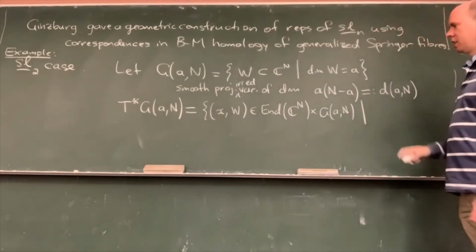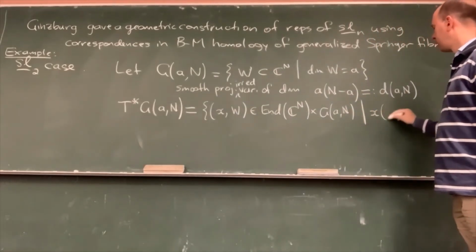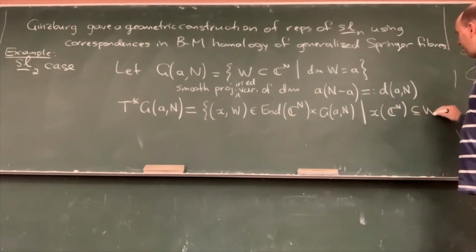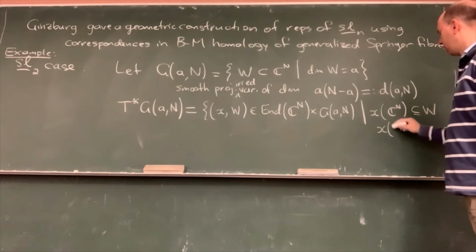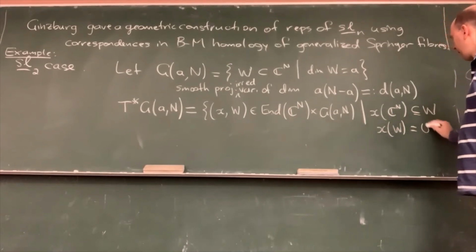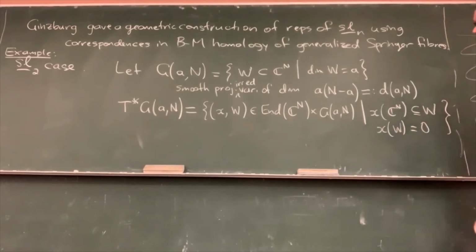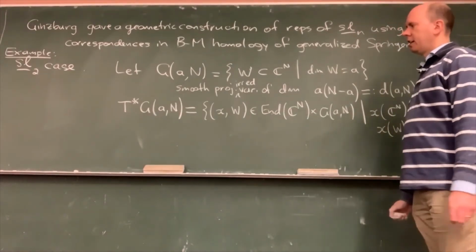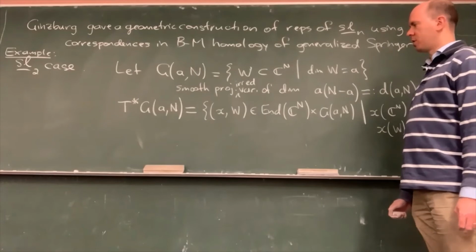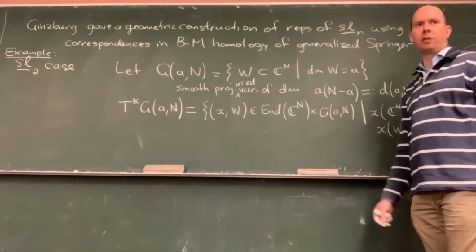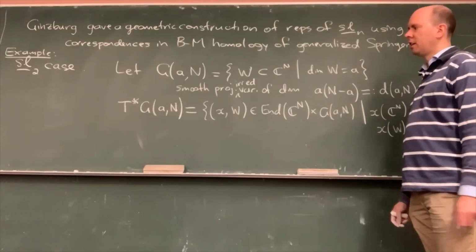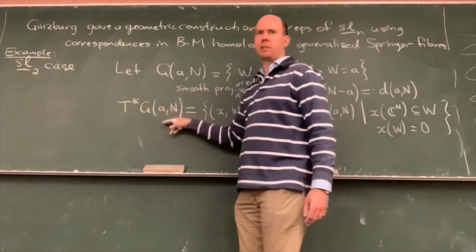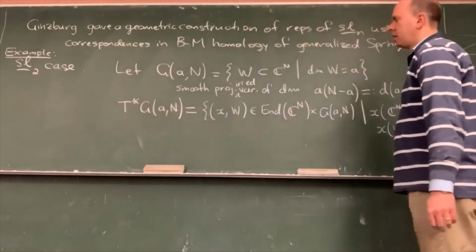And they satisfy the condition that W contains the image of X and is contained in the kernel of X. So it's a little short calculation with tangent spaces to show that this is naturally identified with the cotangent bundle of this Grassmannian, but we don't have to know that, so you can just take this as the definition of this symbol if you like. It's this variety of pairs like this.